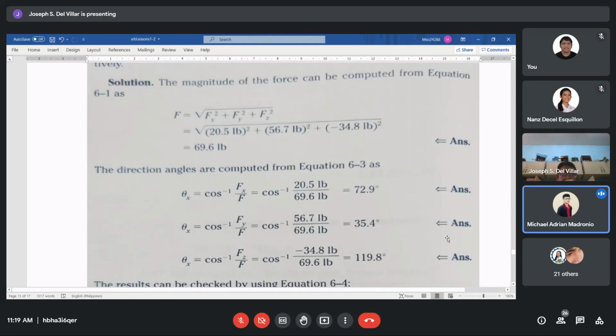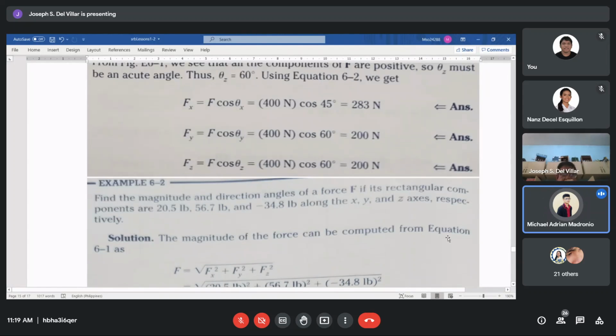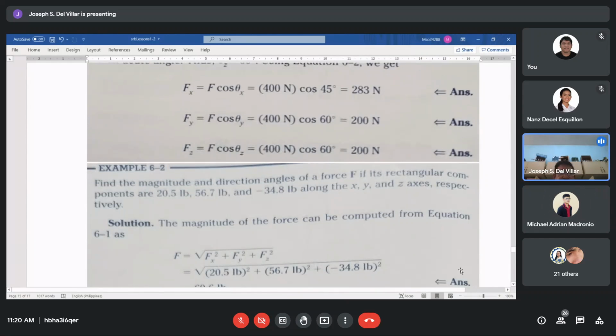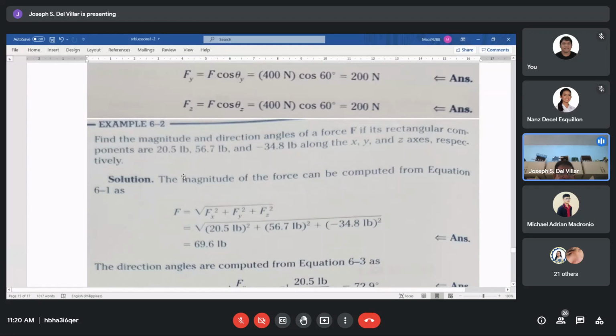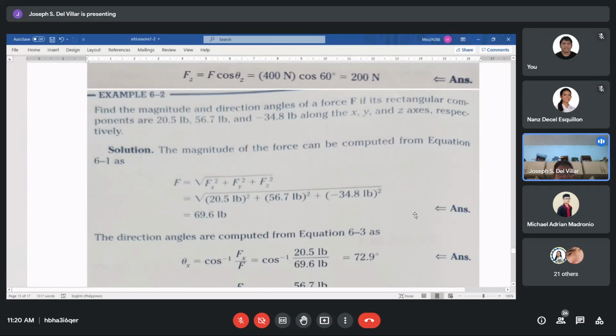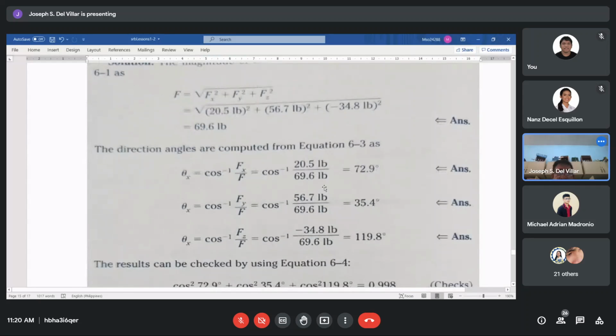Nagawa ko po, sir, 3 decimals po para exact po yung sagot. Kasi di ba yung fx given 20.5, so wala na kayong gagawin doon, di ba? 20.5 ang gagamitin niyo. Yung f, pwede nyo nang i-compute nang exact, 69.61, so yun ang ilagay nyo rito.